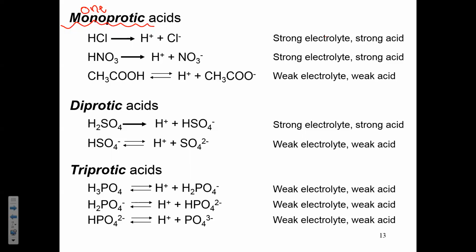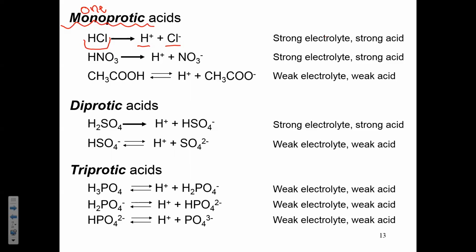With a monoprotic acid, this is an acid that dissociates once. So in terms of HCl, I have one hydrogen. And when it dissociates, it's going to dissociate into a hydrogen and a chloride ion. It can only dissociate once, and that's it.